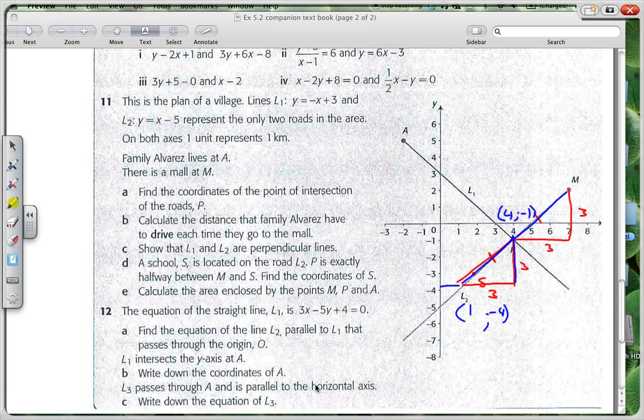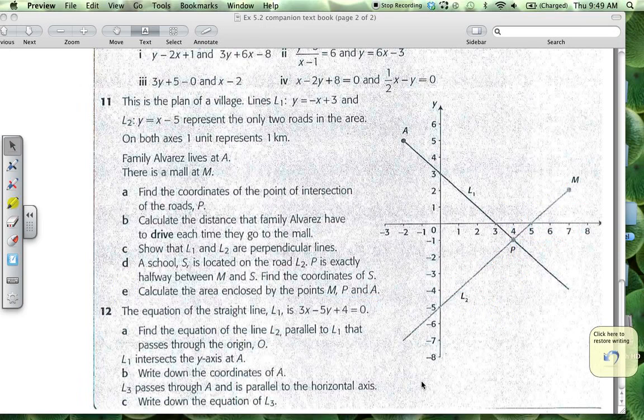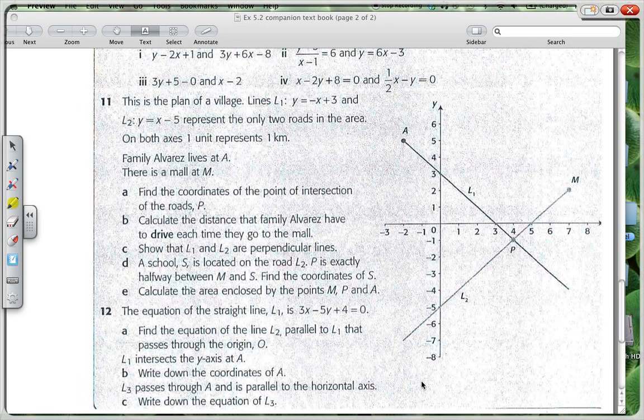Okay. And then E, calculate the area enclosed by MPA. So we want to work out the area that is enclosed by MPA. So this area here, that area there.